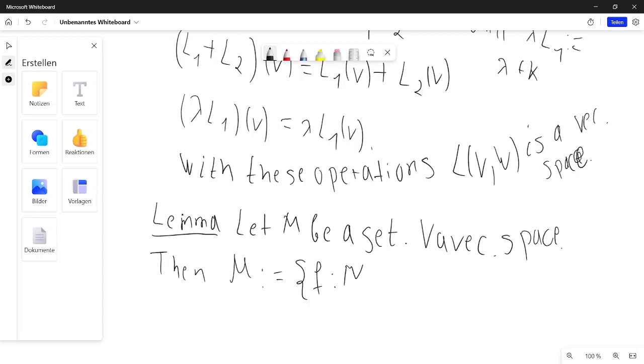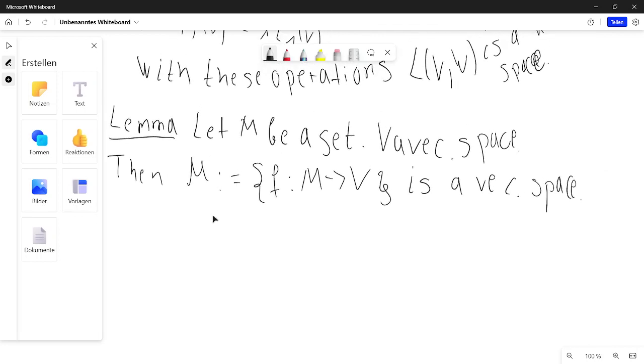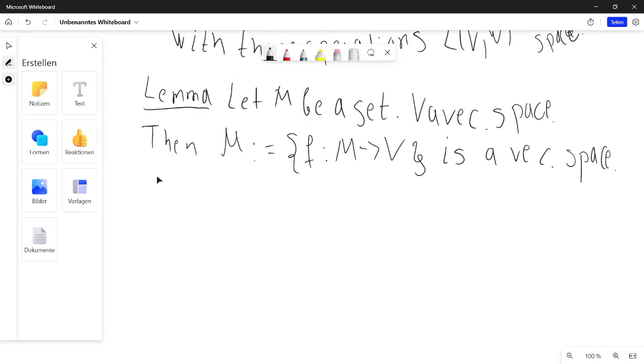I mean really all V-valued functions from M to V, is a vector space. And here you understand that for functions to be a vector space, it actually only is important where the function gets evaluated, right? Because this is where the music plays, right?